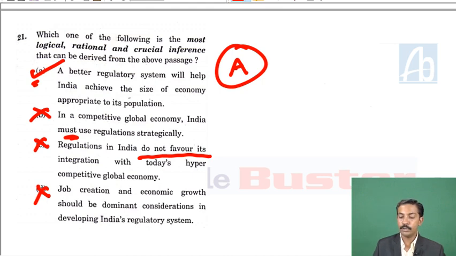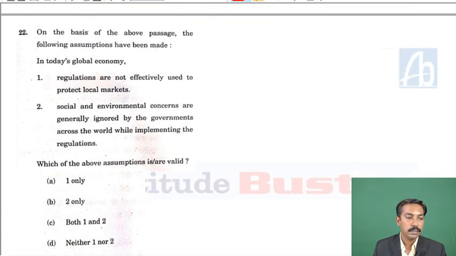Question number 22. On the basis of the above passage, the following assumptions have been made. In today's global economy, regulations are not effectively used to protect local markets. There has been that reference. It says regulations may be used to protect local markets.